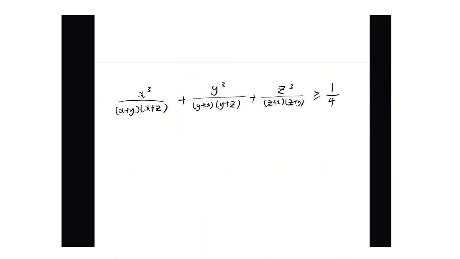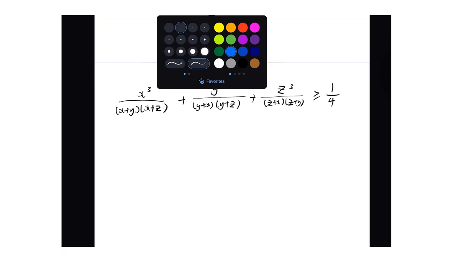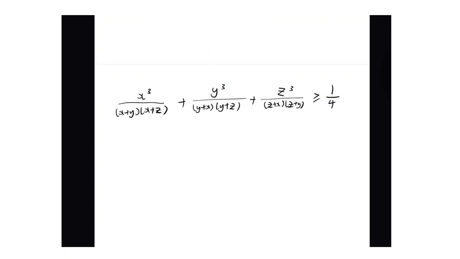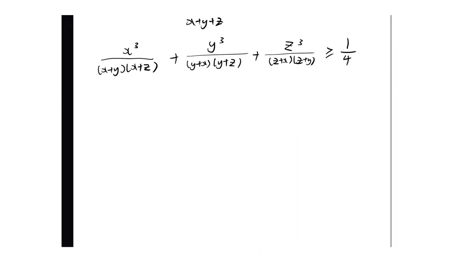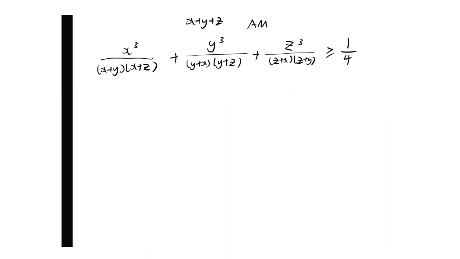And since we know for a fact that x plus y plus z equals 1, we can make use of the AM-GM inequality, which we've just proved. Here, consider x cubed over x plus y times x plus z, plus x plus y over 8.